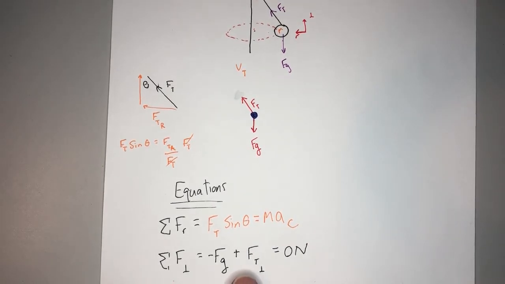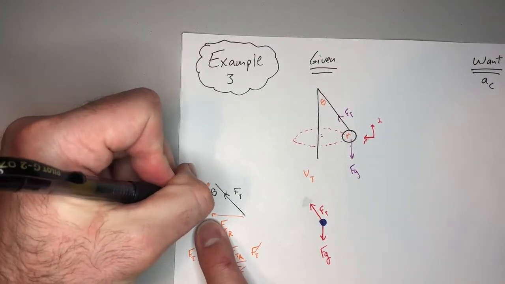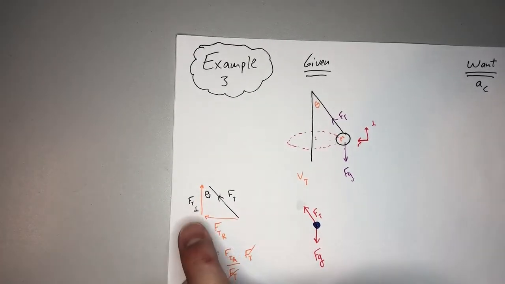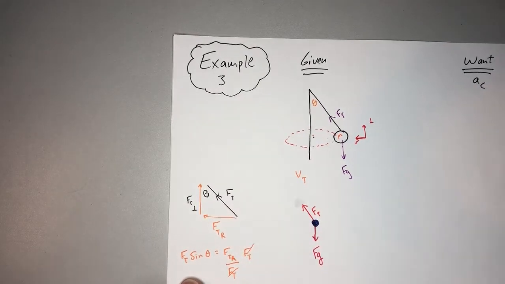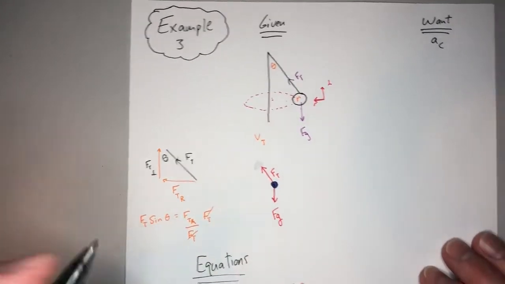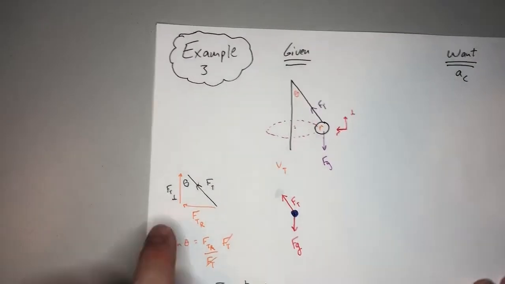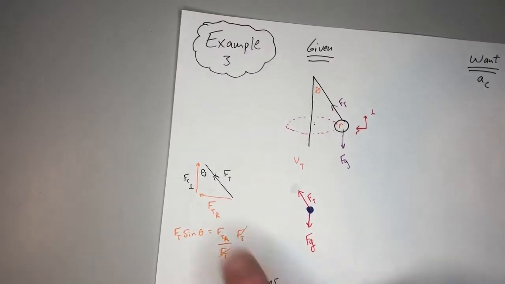Let's talk about this real quick. FT in the perpendicular direction, that's this part right here. So we want to pick out the adjacent side of the triangle, and we have the hypotenuse of the triangle as well. You could probably use a tan if you wanted to too, but I'm going to involve the FT because I know I have an FT right there. I'll say cosine of theta equals the adjacent, which is FT in the perpendicular, over hypotenuse.